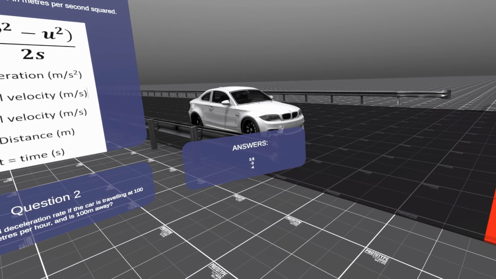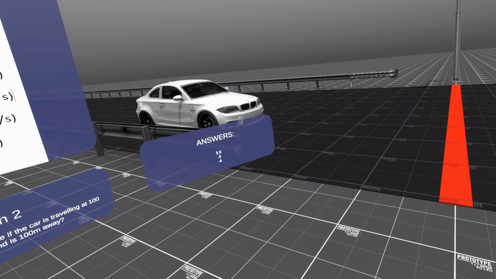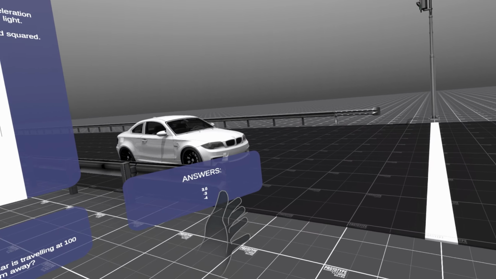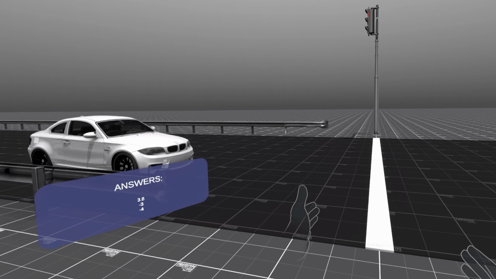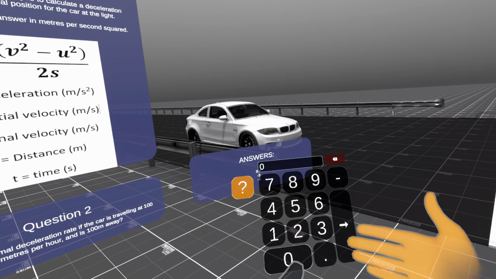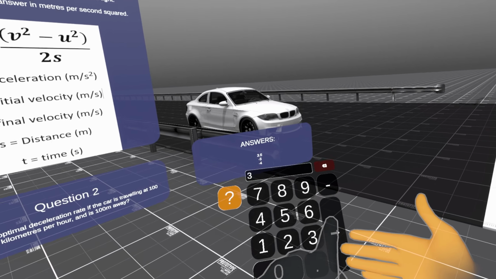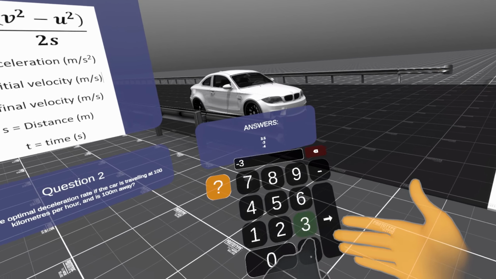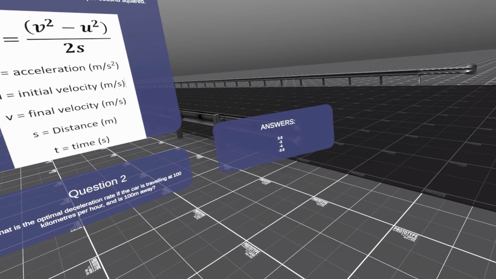All right, now we're getting somewhere. If that's 4 and that was 3.6, then let's meet halfway and say 3.8. So it's going to be negative 3.8.